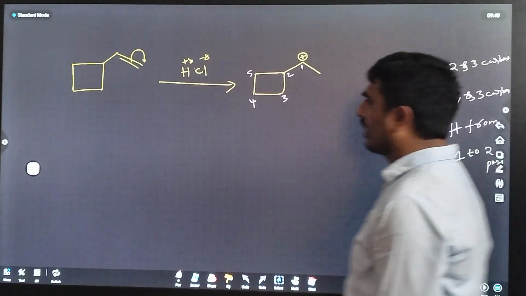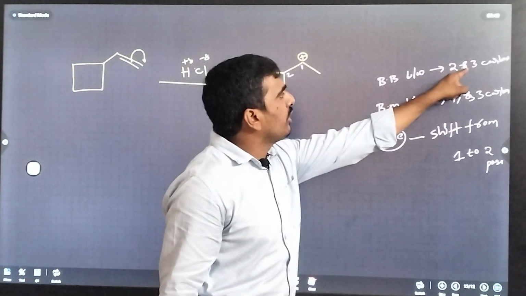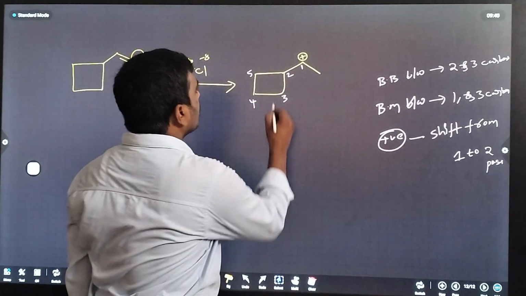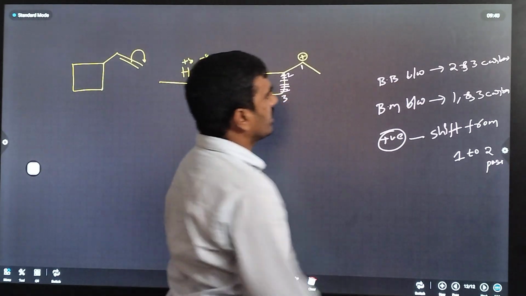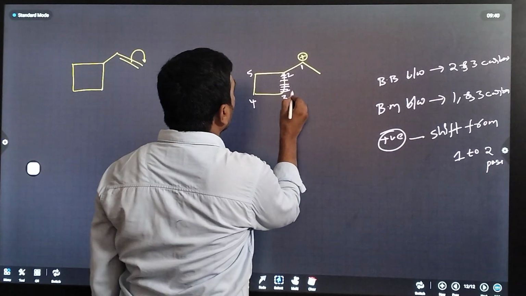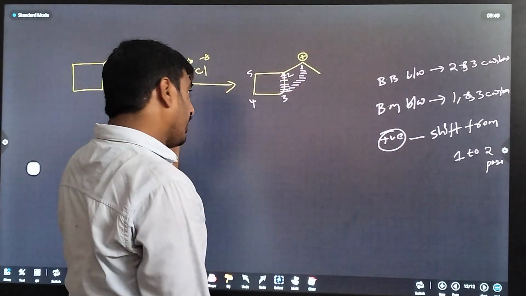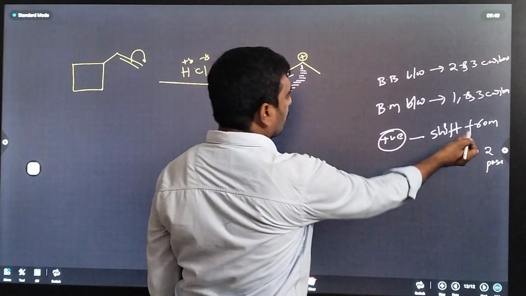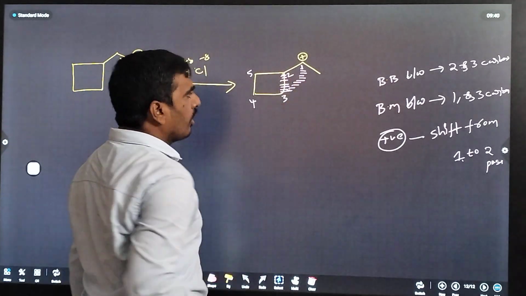So first, bond breaking between the 2nd and 3rd carbon atoms, and 1-3 bond making takes place. Then the positive charge shifts from the first position to the second position.